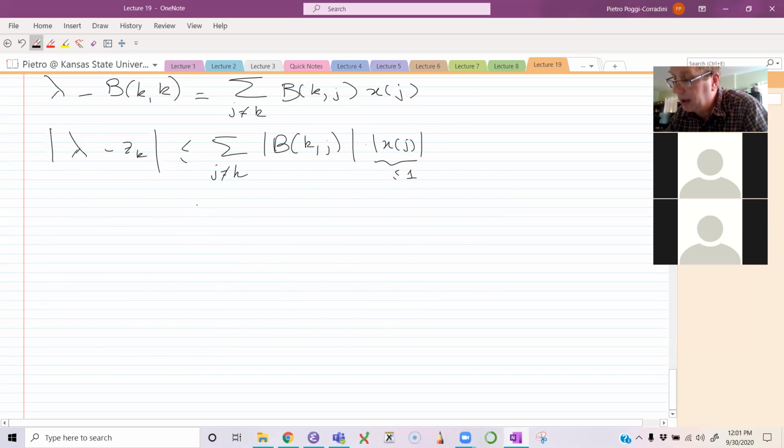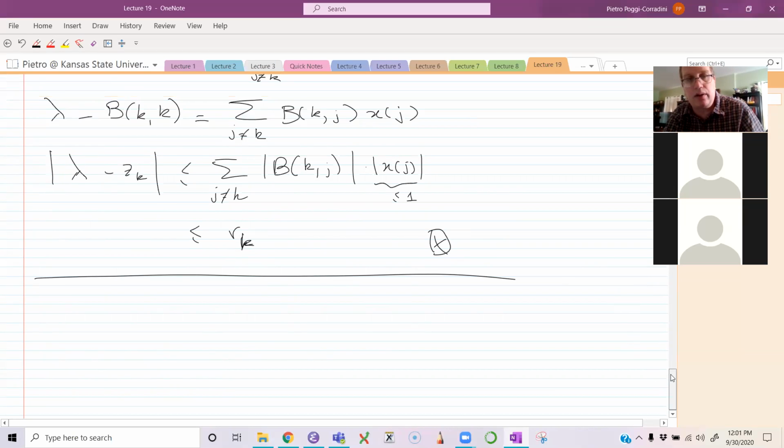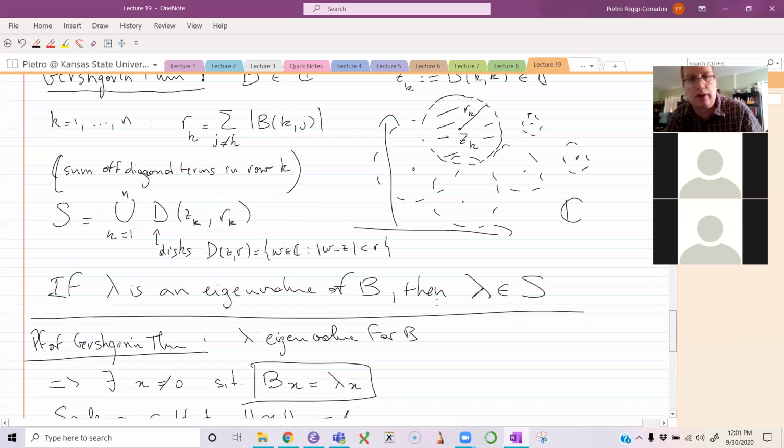So this is going to be less than Rk. All right, so that's the proof of Gershgorin's theorem. If you have an eigenvalue, it's going to be covered by one of these balls or disks, within one of these disks.